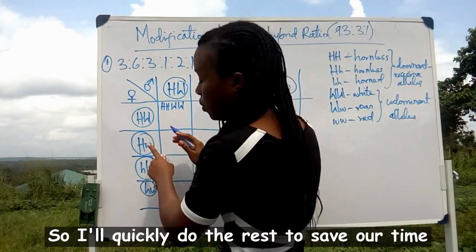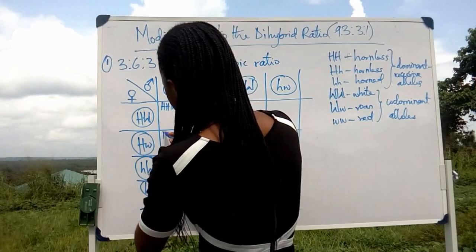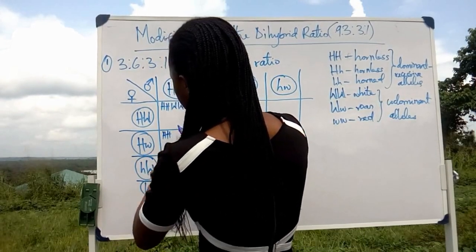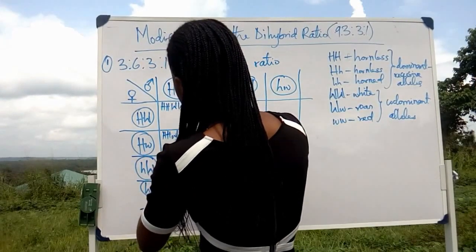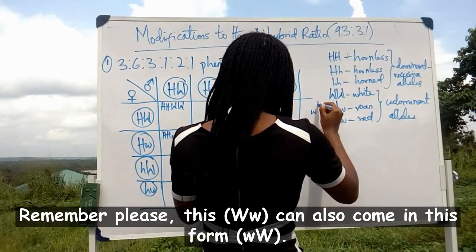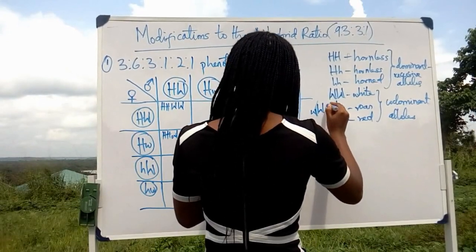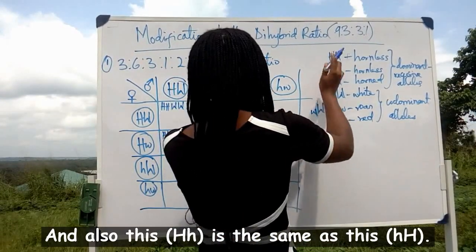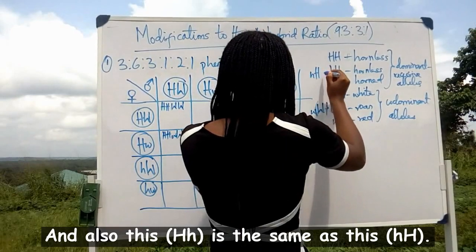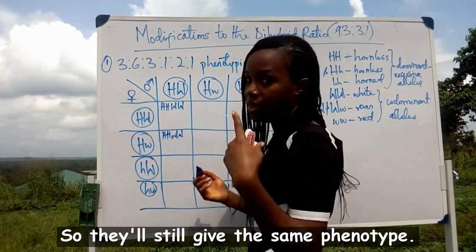So I'll quickly do the rest to save our time. Yes, we have this. Remember, please, this can also come in this form. This, and also this is the same as this. So you see that here, they will still give the same phenotype.